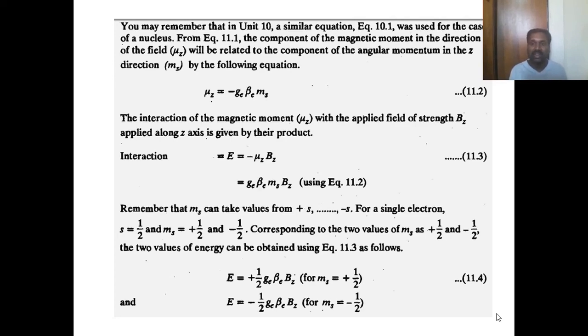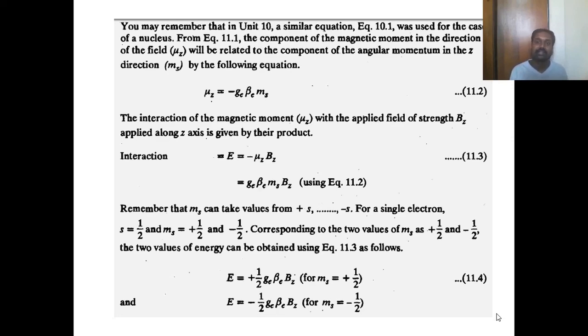If the applied field is B, why is that Z? Because we are considering the applied field in the Z direction only, not on the X and Y axes. You can consider that, but anyway, it doesn't matter. The Z axis we have chosen arbitrarily.